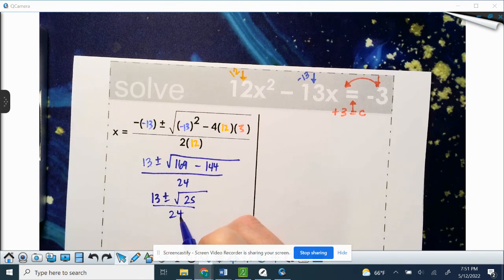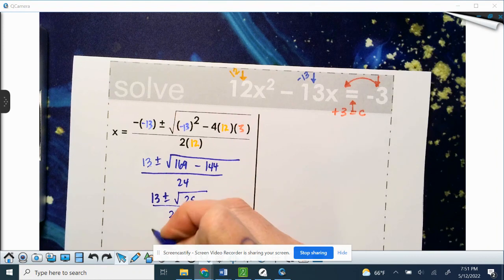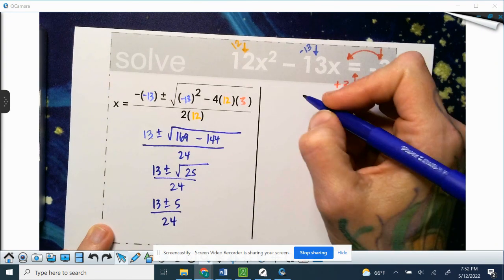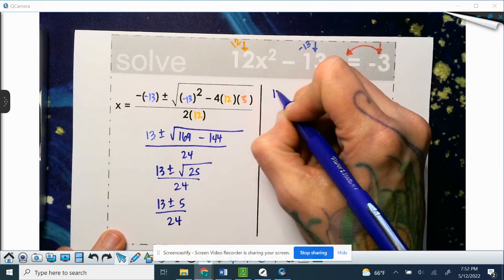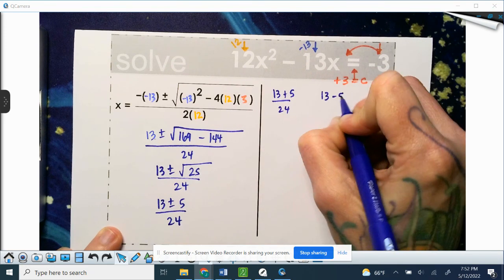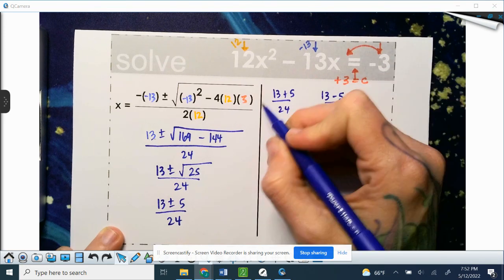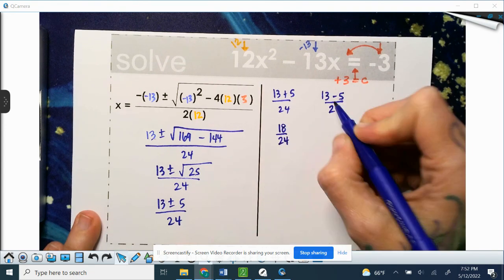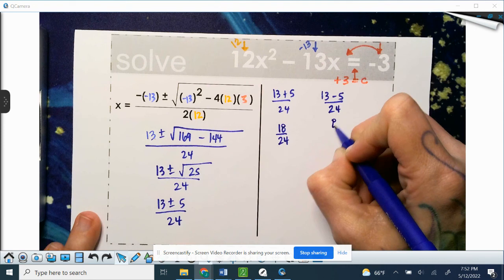The square root of 25 is 5. So it's going to be 13 plus or minus 5 over 24. We're going to work it twice, once for the plus, once for the minus. So 13 plus 5 over 24, 13 minus 5 over 24. 13 plus 5 is going to be 18 over 24. 13 minus 5 is going to be 8 over 24.